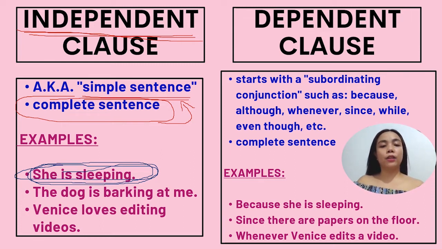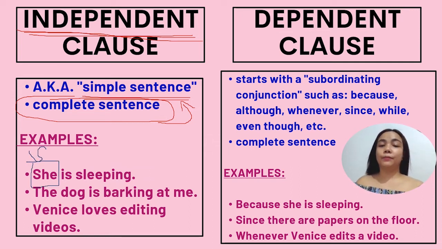The subject of this sentence is she. How about the complete verb? Okay, very good. Is sleeping is the verb. Therefore, this is an independent clause, or what we call a simple sentence.